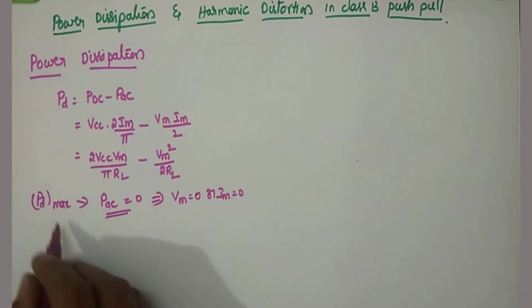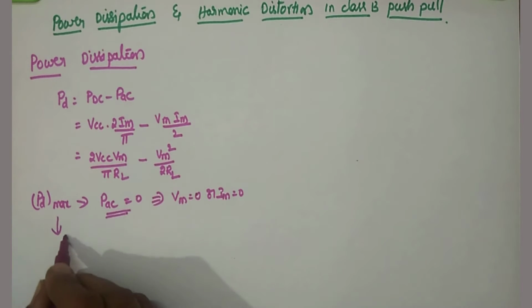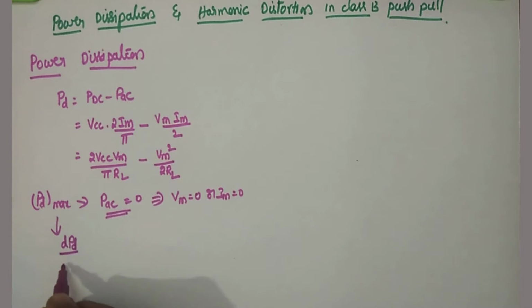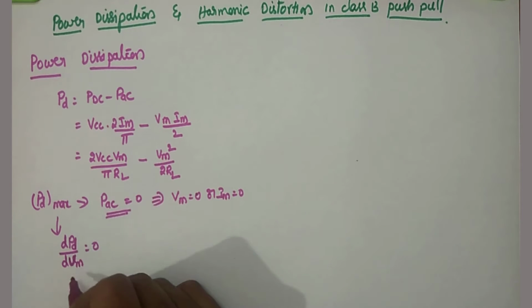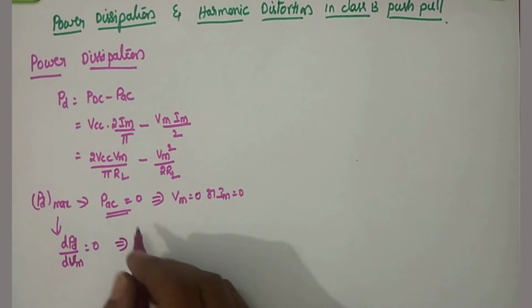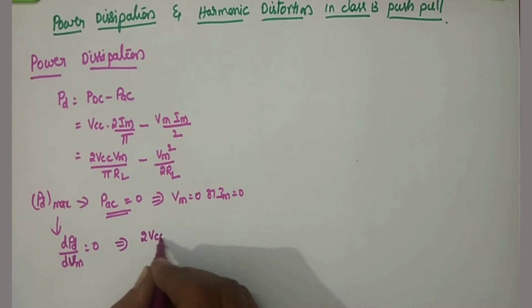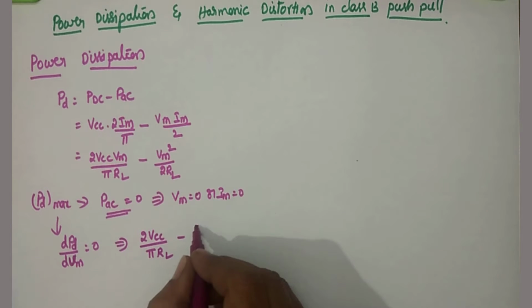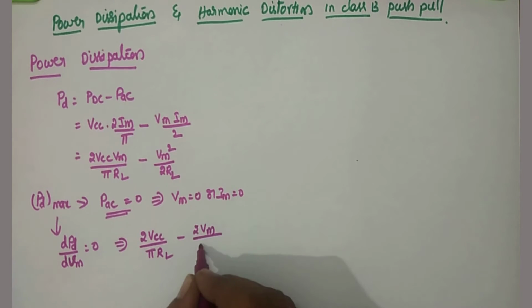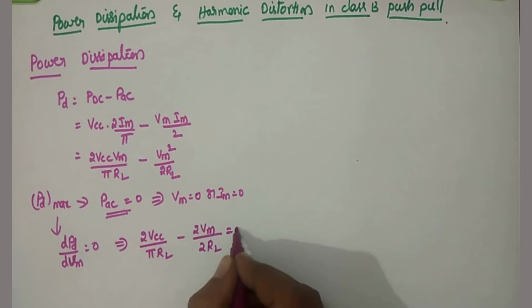That alternative is, PD max can be obtained by going for dPD by dVm equal to 0. Simply take this PD and differentiate it with respect to Vm. So what you're going to get is 2 VCC by pi RL minus 2 Vm by 2 RL is equal to 0.